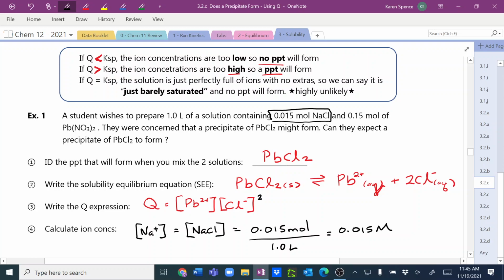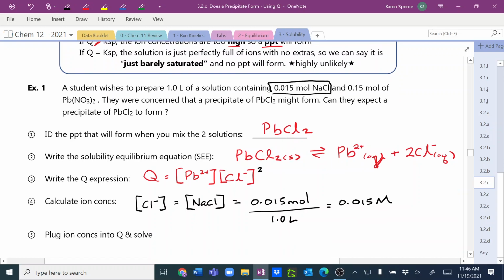And I actually don't want the concentration of sodium. What I want is the concentration of chloride. I haven't left myself enough room for this, but that's okay.